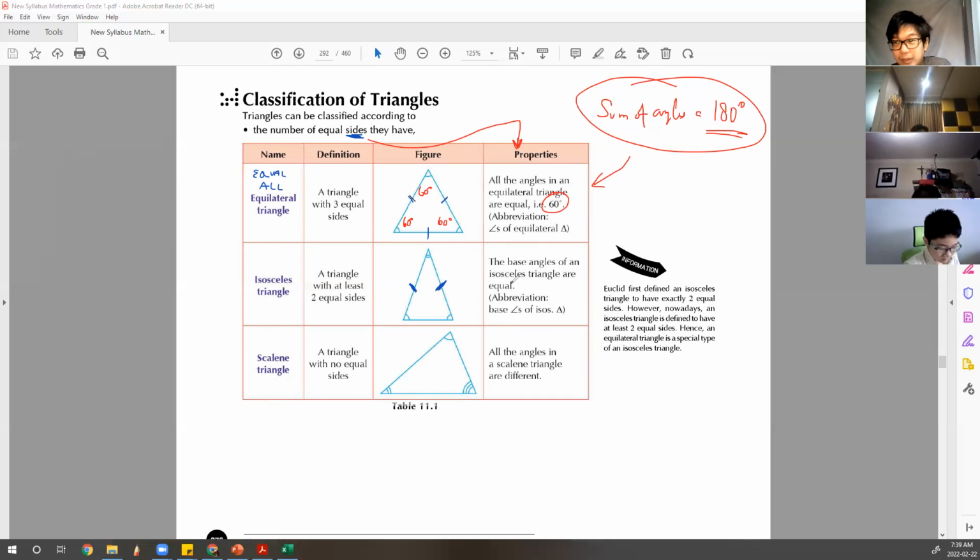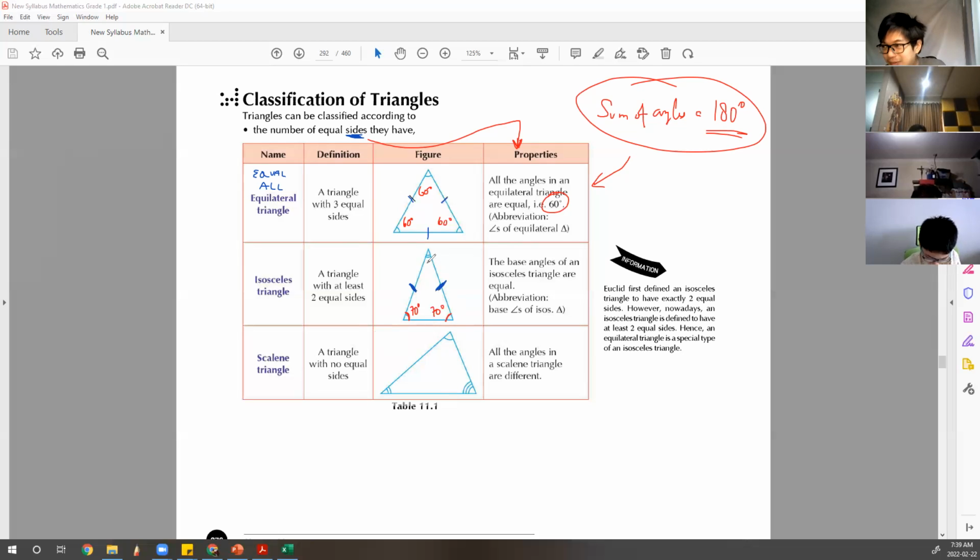Let me know whenever you have any question. Now, how about isosceles? An isosceles triangle has two equal sides, so the base angles of the two equal sides are equal. Let's say this is 70, so this is also 70.